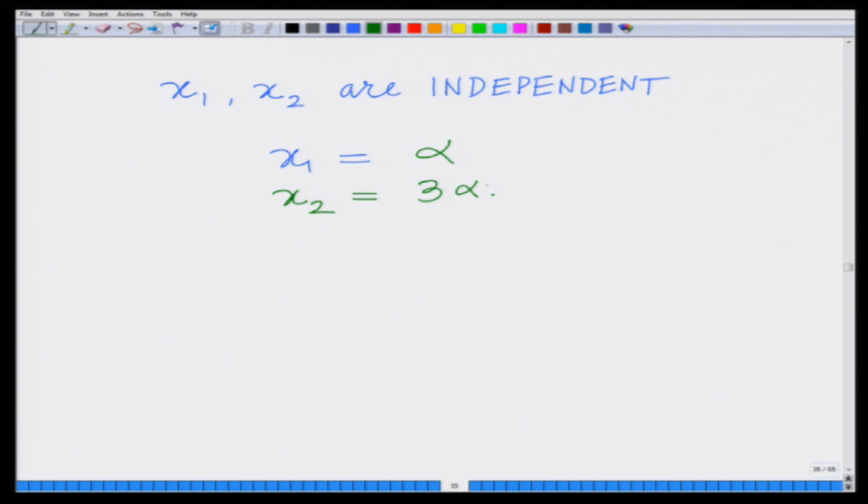So, we are looking at a simple example. x1 and x2 are two symbols that are generated by this 4 PAM source.